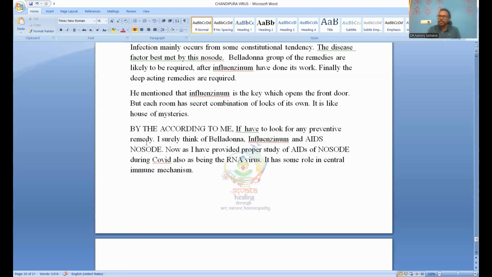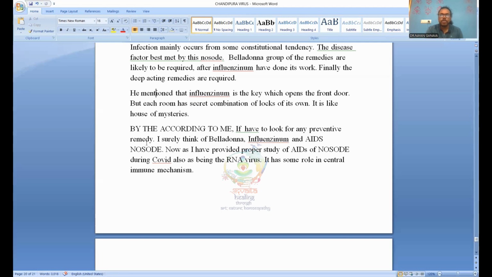I personally feel that whatever the masters have written, we have to trust it completely. Before also I have applied whatever the masters have written, and it proved to be very successful in my clinical practice.